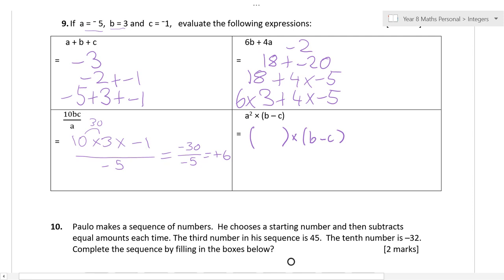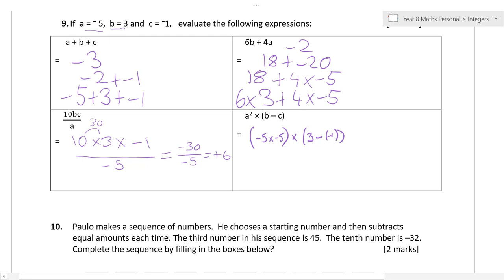It's -5 times -5, like so. And then b minus c, let's do that. So you're going to just finish that off for me. B, which is 3, minus c, and that's minus -1. I think that the use of brackets can really help.